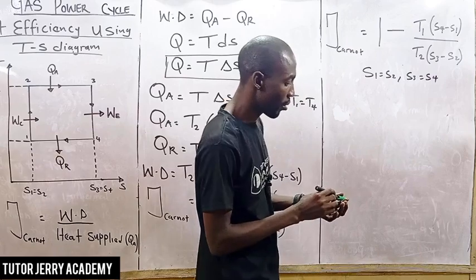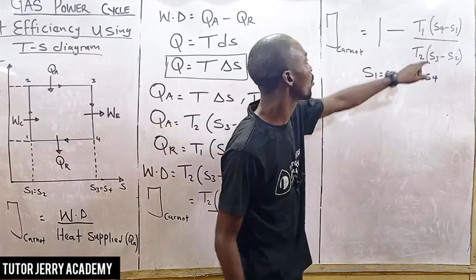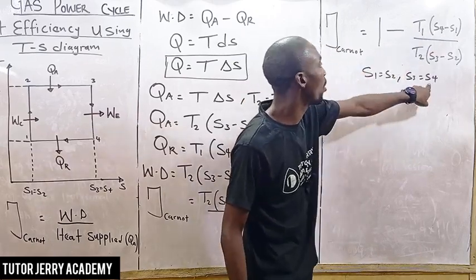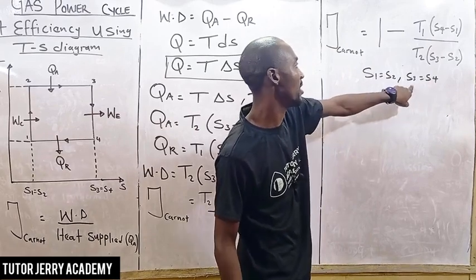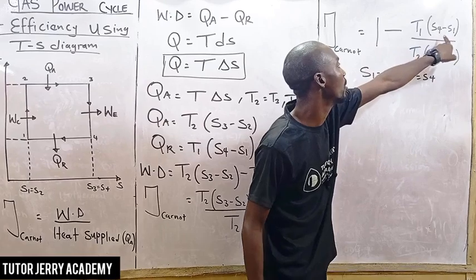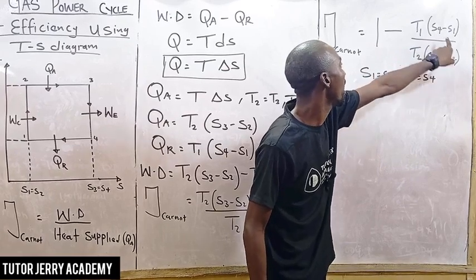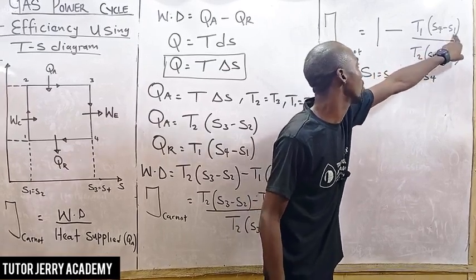So if I substitute for S4, which is S3, this can be written as S3 minus S1.